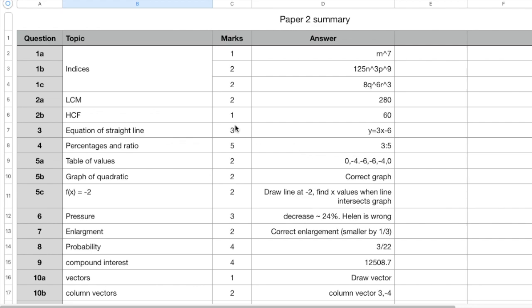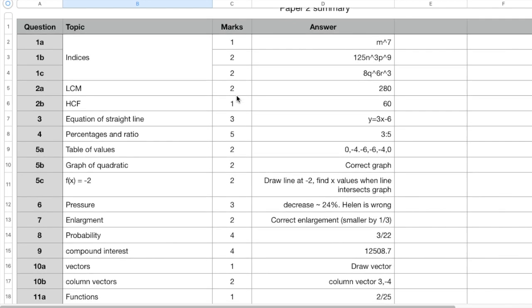And on the screen right now is the unofficial mark scheme, so some of the proposed marks. I can't guarantee they're correct, but you can have a quick look. So here I've got the questions, the topics, the marks, and the answers.